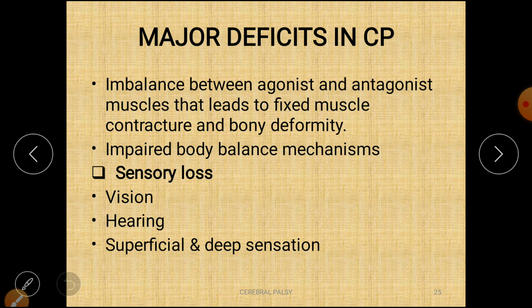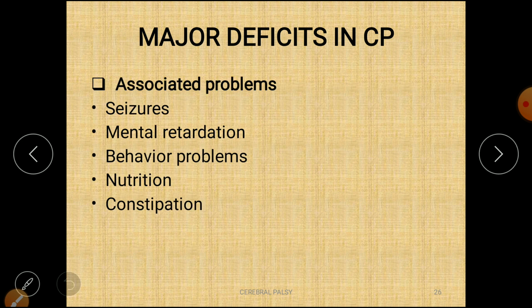Imbalance between agonist and antagonist muscles leads to fixed muscle contracture and bony deformity, impaired body balance mechanism, and sensory loss, that is vision and hearing problems, and superficial and deep sensation of the child is also affected. Associated problems are seizures, mental retardation, that is cognition is affected, behavioral problems, nutritional problems due to poor feeding, and constipation, which is a major deficit in CP.